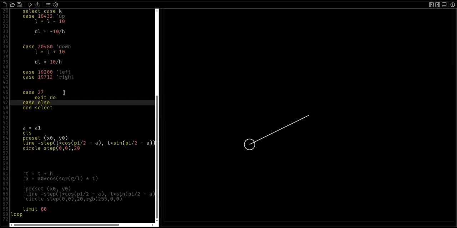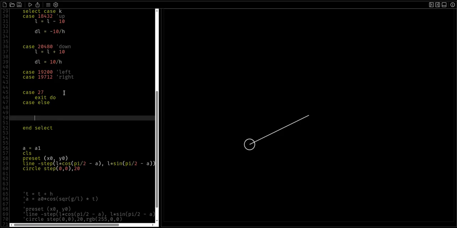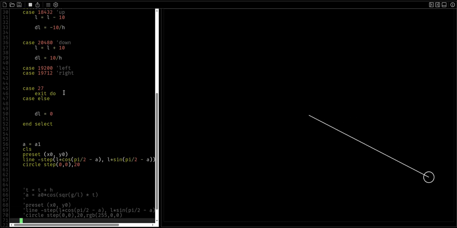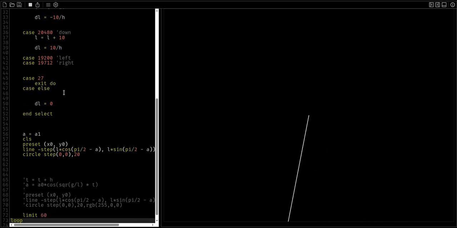And because these rates of changes are abrupt, when you no longer press the keyboard, the rate of change goes back down to 0. So this should be nice. So of course we lose a little height when we increase the length.